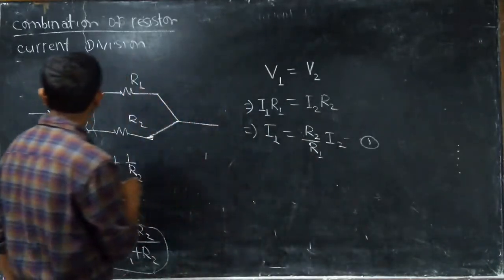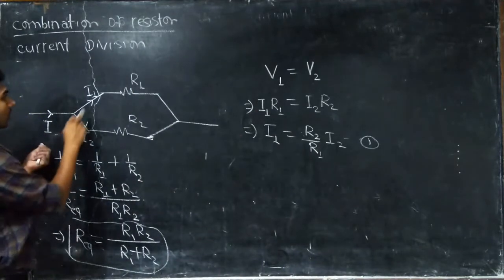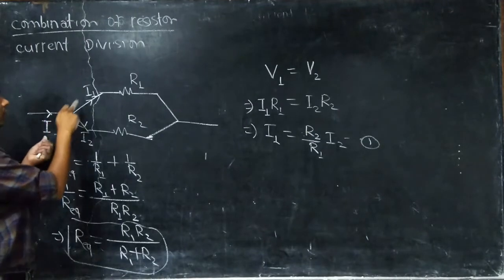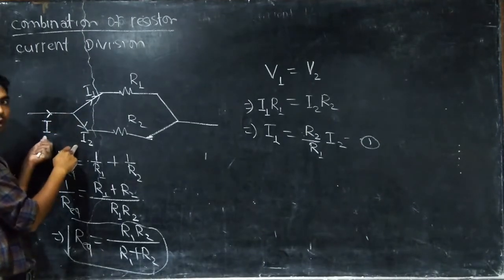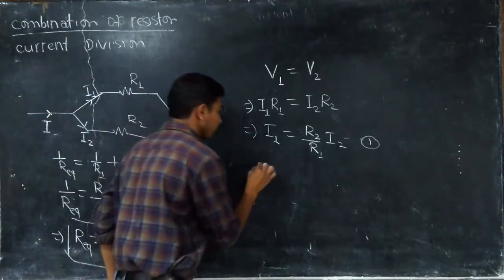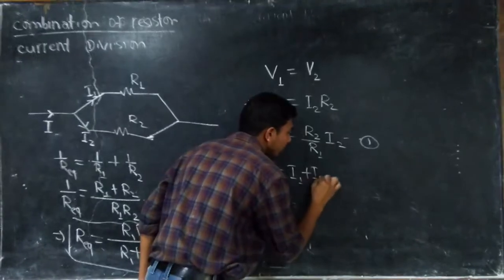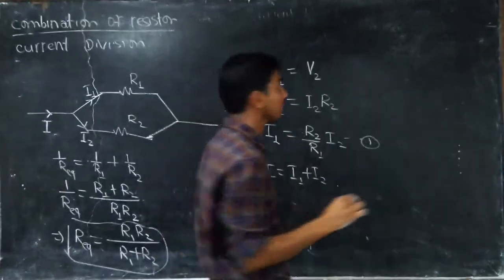And you can see here this I is the sum of this one as well as this one, right? So further we can write I is equal to I1 plus I2, right?